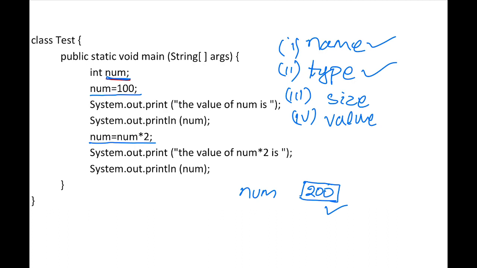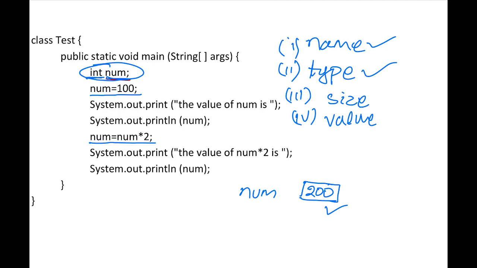Now when we write int num, it is a variable declaration. It tells the compiler to allocate the appropriate memory space for the variable based on its data type, that is based on int.